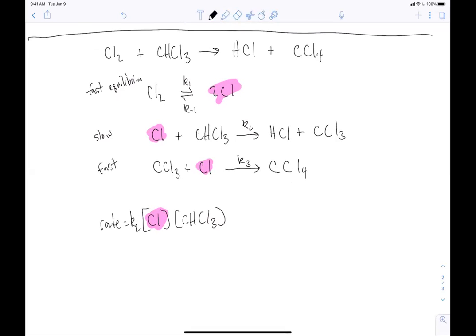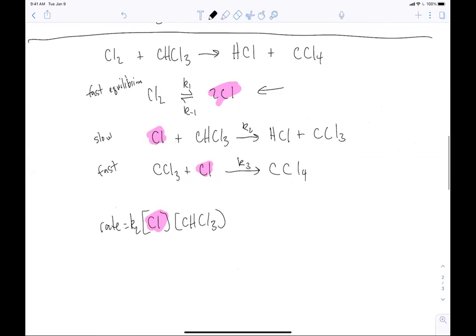So I'm going to look at this equilibrium over here and write an expression for that. We're going to say that Cl2 times K1 is equal to K inverse 1 times Cl squared.